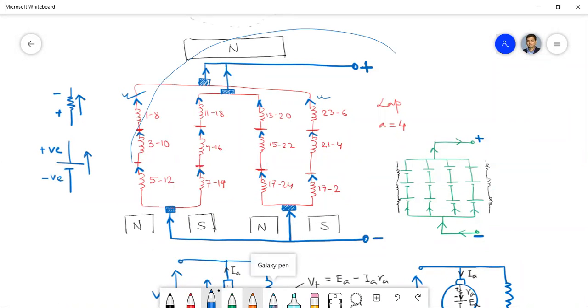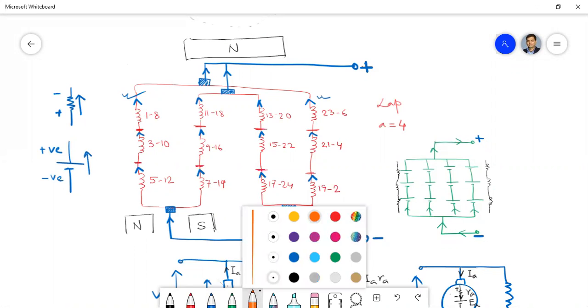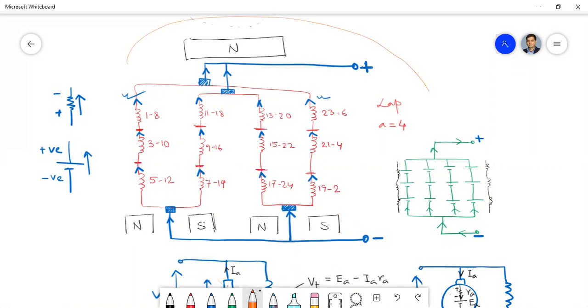So this type of diagram you have to draw. So that is the third one. These three things you have to draw in this sheet.